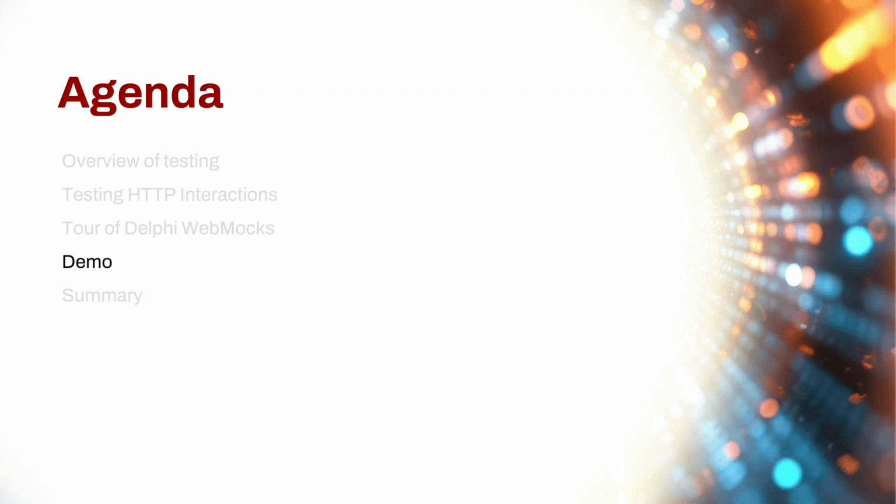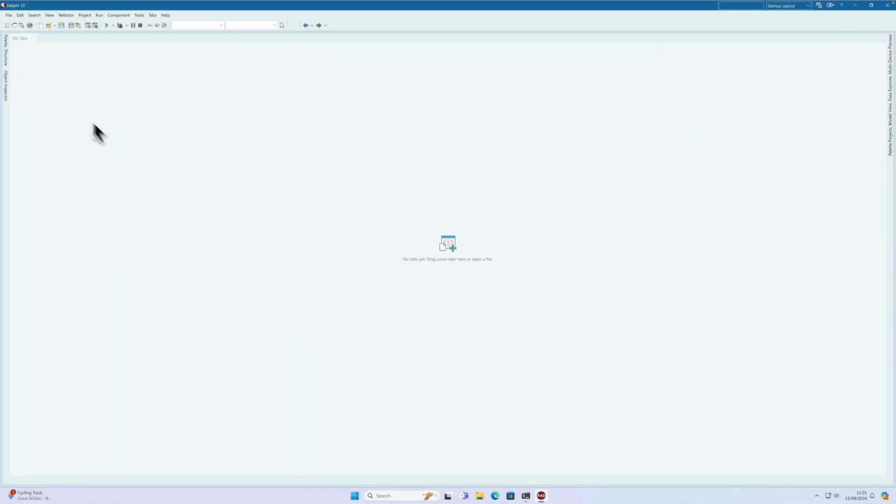Okay, let's jump straight in and have a look at a demo. So here in Delphi, I'm just going to quickly create a new DUnitX project, and I'm just going to leave the default options, except I'm going to ask it to create a setup and teardown method for me because I'm lazy.